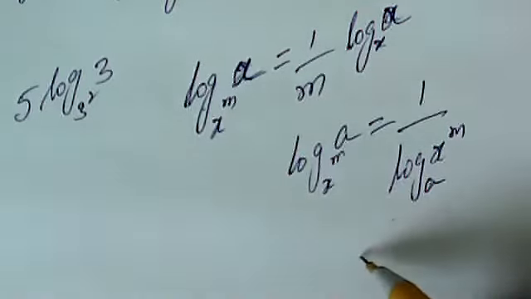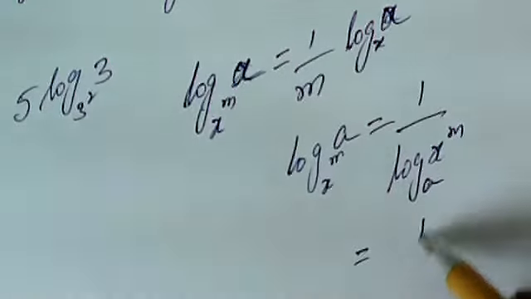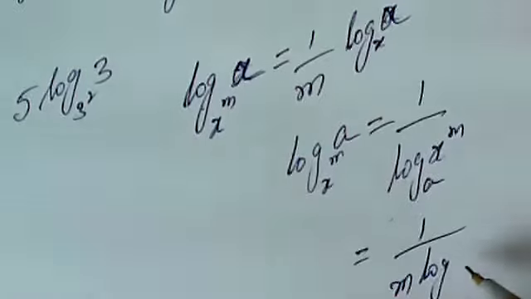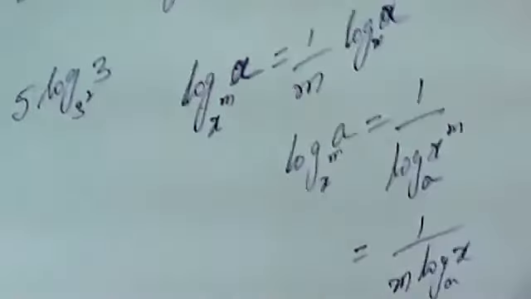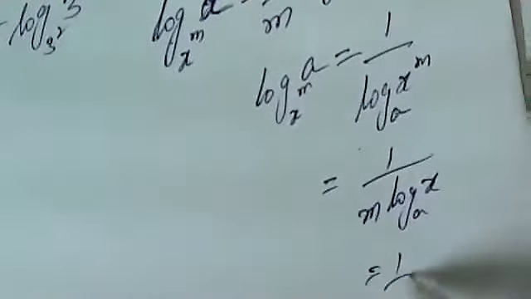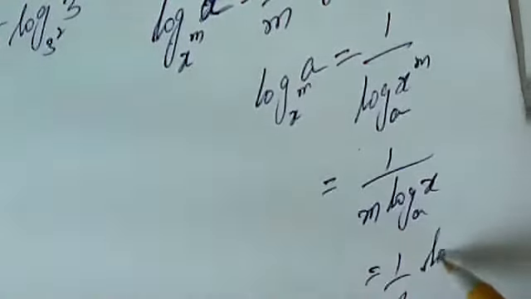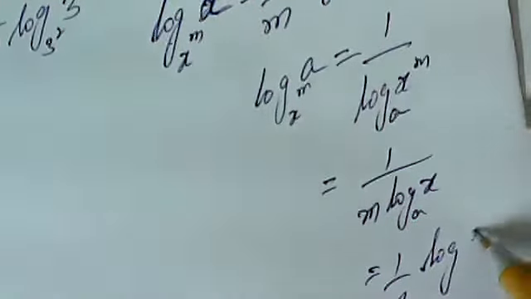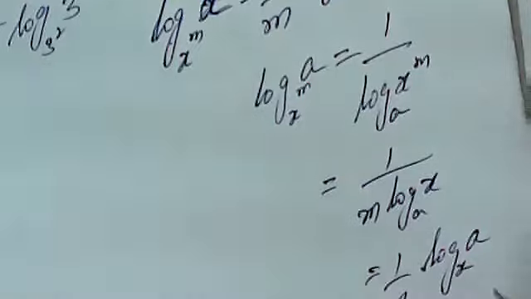And this is nothing but 1 upon m log x to base a. Again we apply the base change rule, so 1 upon m into log a to base x.